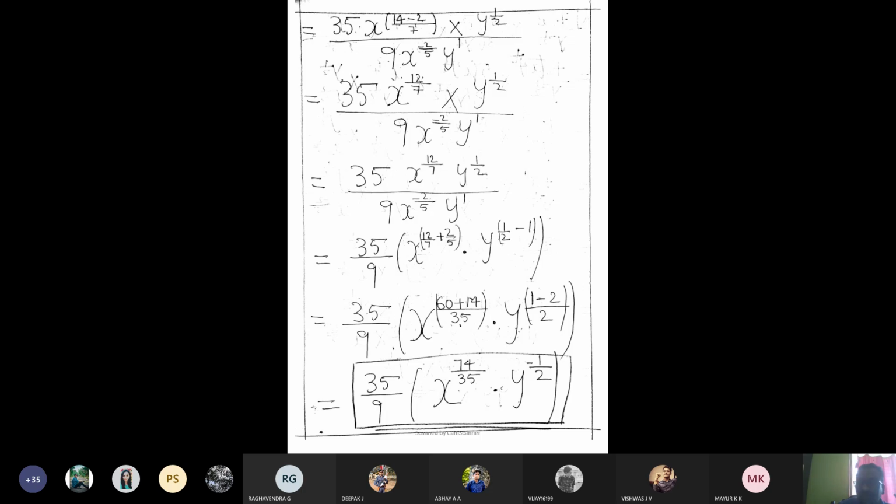We are more concerned, and I can say more oriented towards application of these laws, especially these 4 or 5 laws.